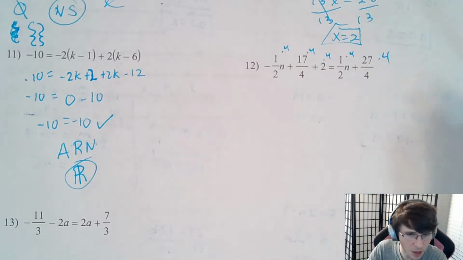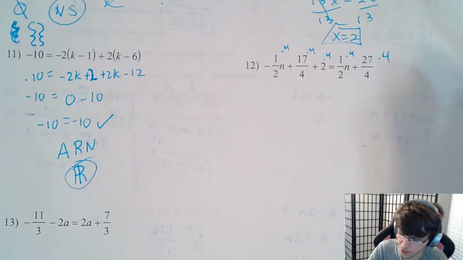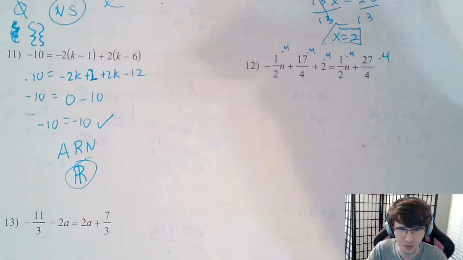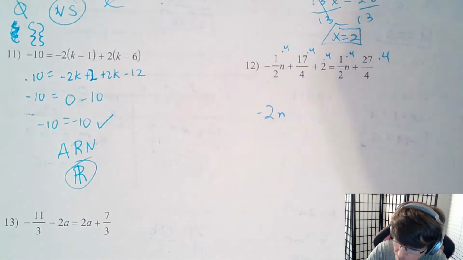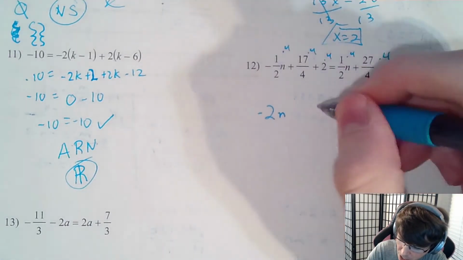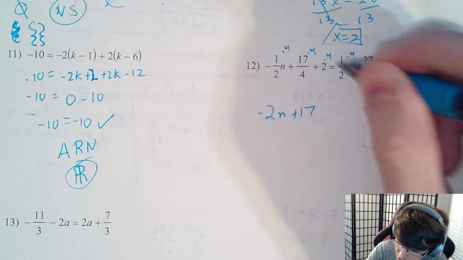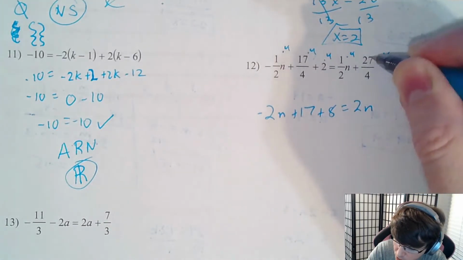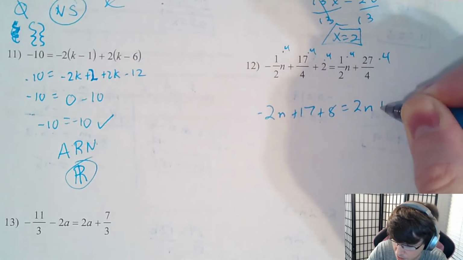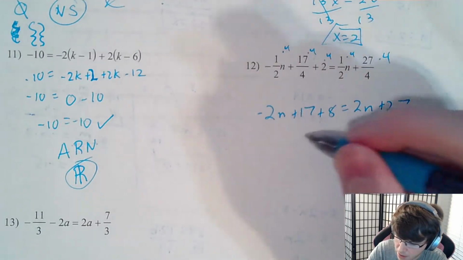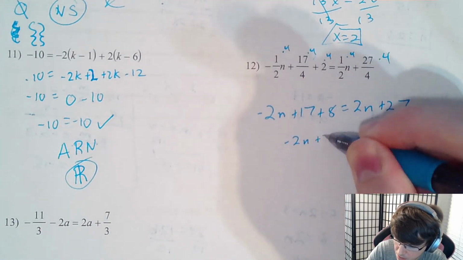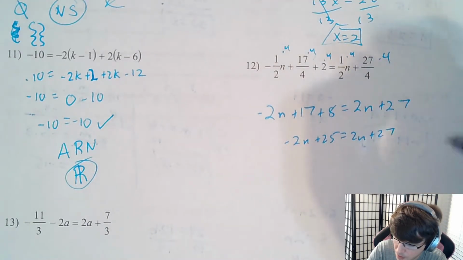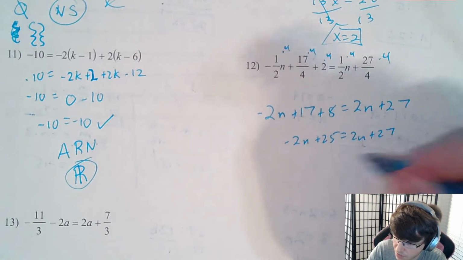However, none of these are too bad on their multiplying, because a negative a half times 4 is like half of 4. So that's going to be negative 2n. 4 and 4's cancel here. So it's going to be 17. 2 times 4 is 8. Half times 4 we just talked about. That's 2n. 27 over 4. The 4's cancel. Let's add some like terms now. n to the left, 25 to the right.